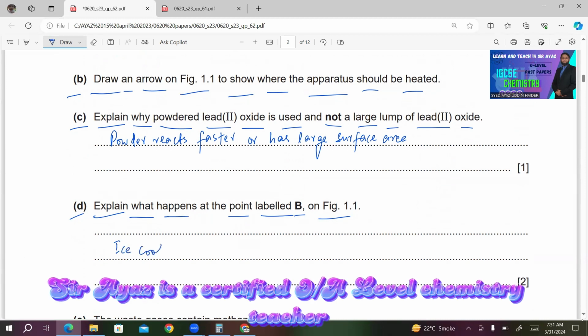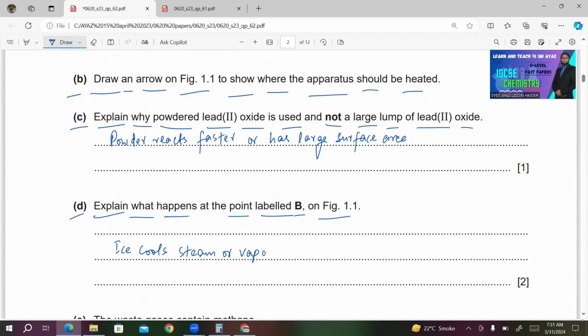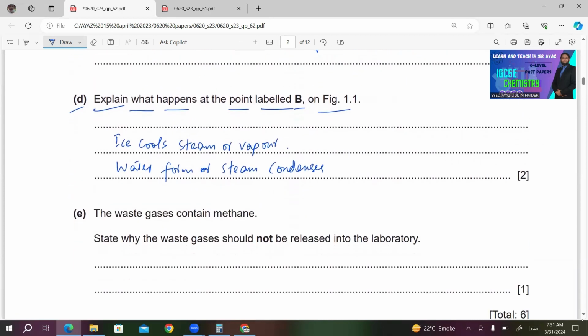Ice cools steam, or vapor. Then water is forming. Water forms, or you can write, steam condenses, in the test tube.